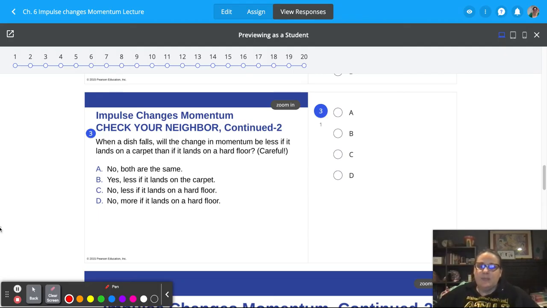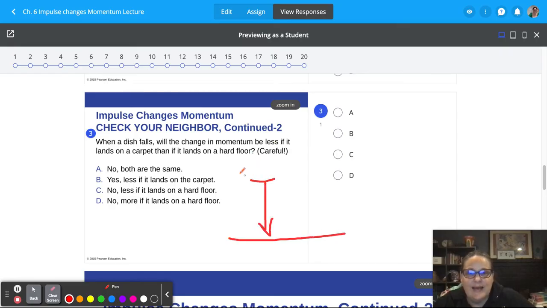And so, yes, it's different, but let's look very carefully at what the question is. It even tells you to be careful. It says, is the change in momentum different? So if I have an object that is in free fall and it's going to land on the floor, it has an initial velocity of whatever. Let's say it has a velocity of 0. And then right before it hits the ground, it's going to have some velocity.